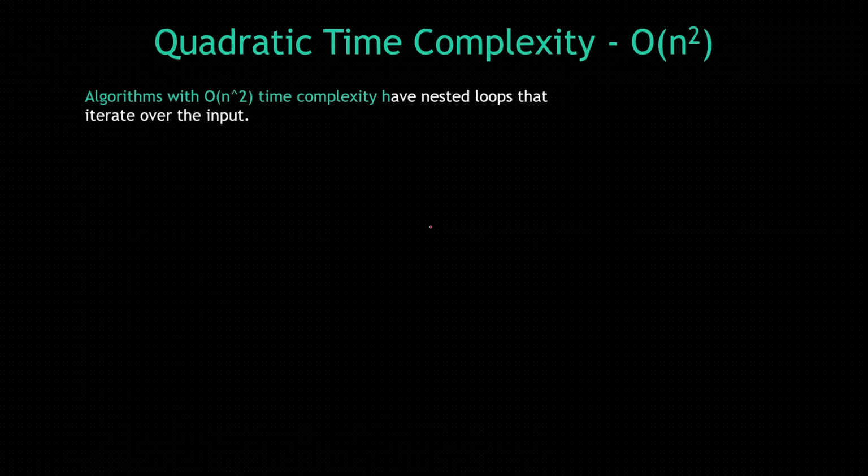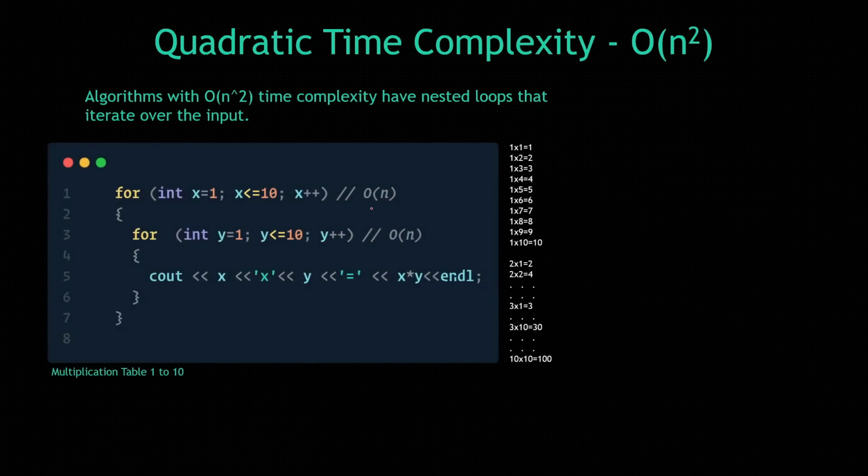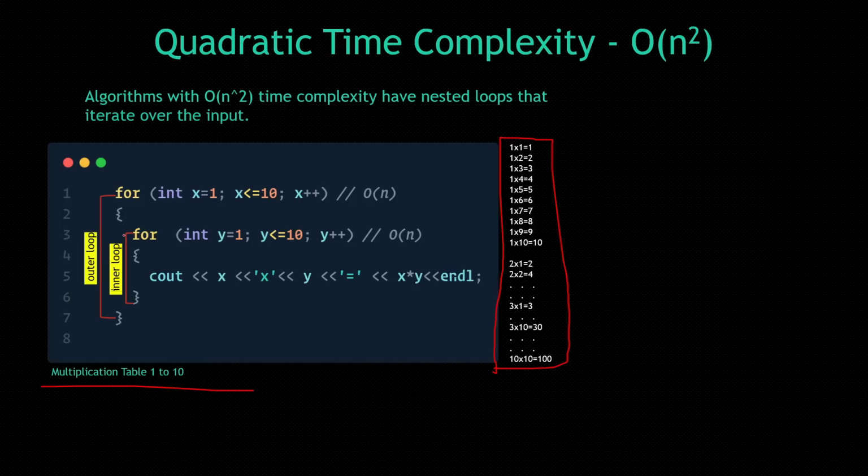Algorithms with O(n^2) time complexity have nested loops that iterate over the input. Here's an example of a nested loop. Actually, this program will print the multiplication table 1 to 10. This is the output of this program. So here is an inner loop and here is an outer loop.